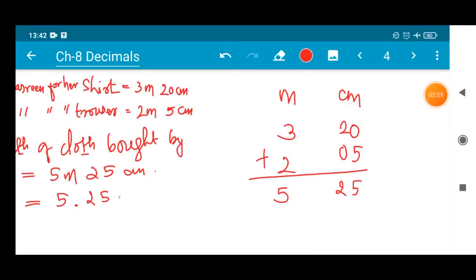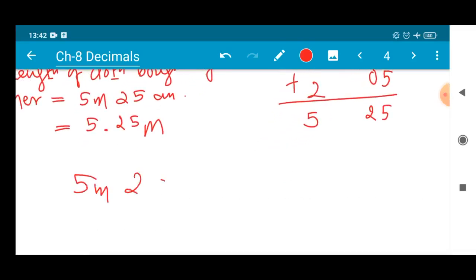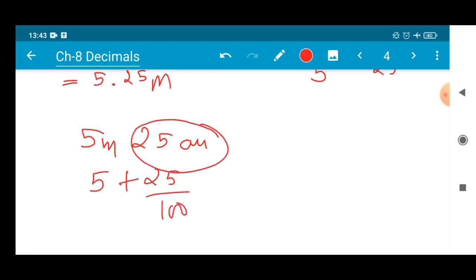So you can write over here it as meter. Why? In our last class we did that 5 meter 25 centimeter. If you have 2 units and you want to convert to any one of the units, what you can do is 5 plus 25 by 100, because 25 centimeter means 25 by 100 meter, right?